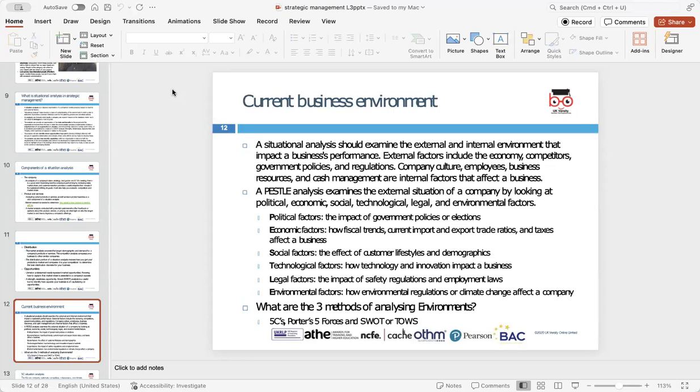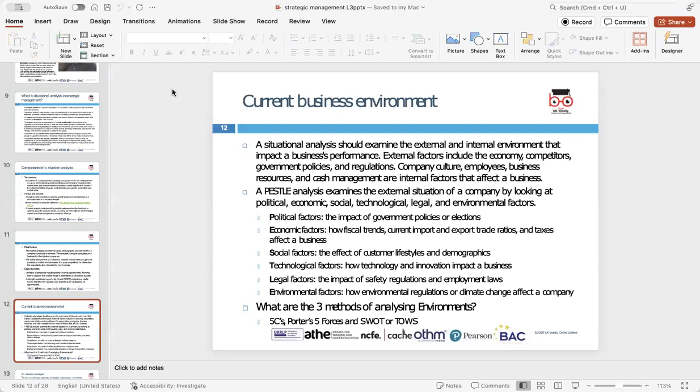Political factors include the impact of government policies, regulations, and elections on the business environment. Economic factors look at trends such as taxes, inflation, and trade policies. Social factors involve customer lifestyles, demographics, and cultural trends, which can influence demand for products or services.